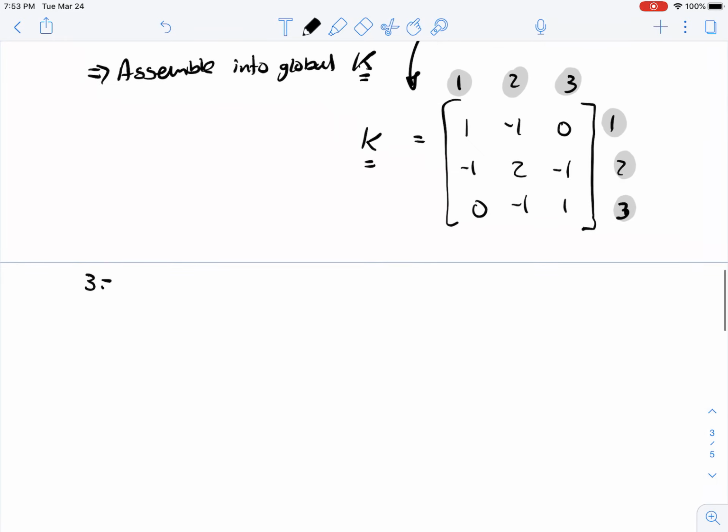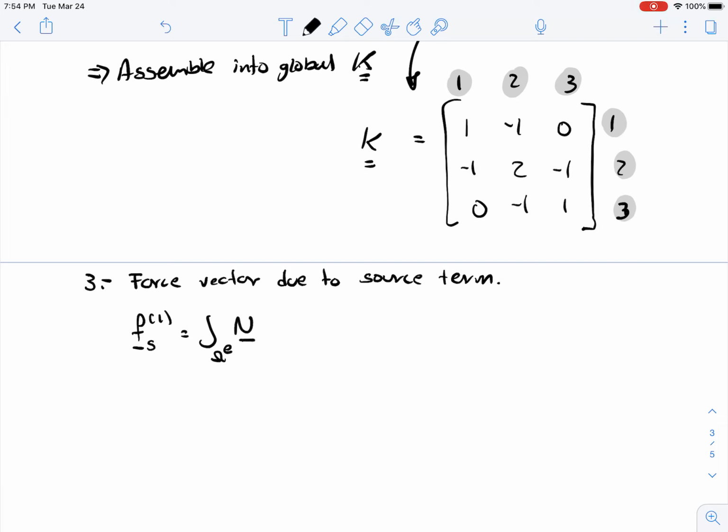All right, that takes care of the stiffness matrix. Then the next thing that I would like to do would be the force vector due to the source term. So for element 1, the general definition of the source vector would be the integral over the triangle of the vector of shape functions times the source term.